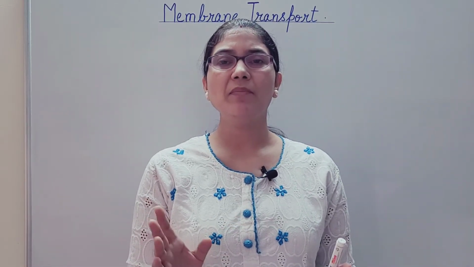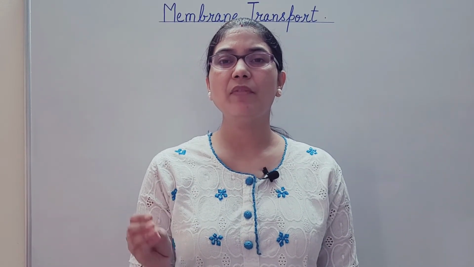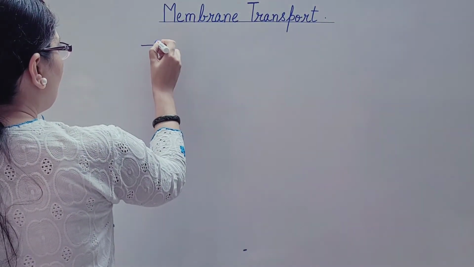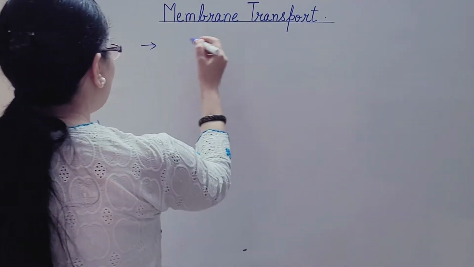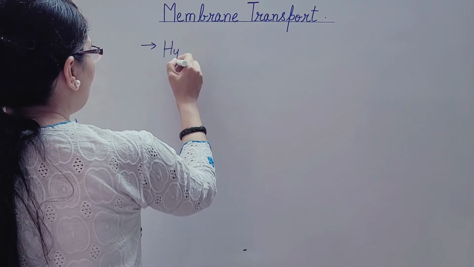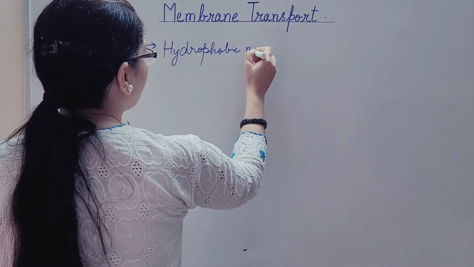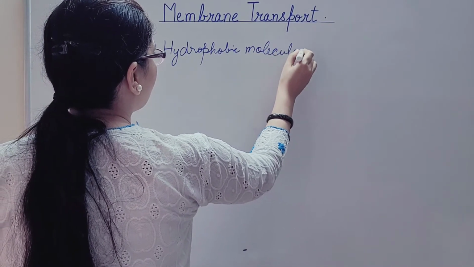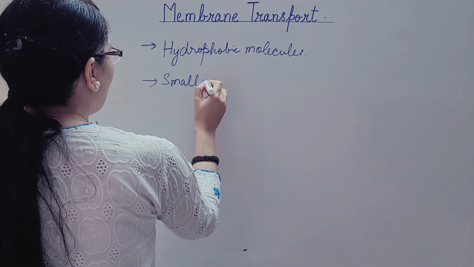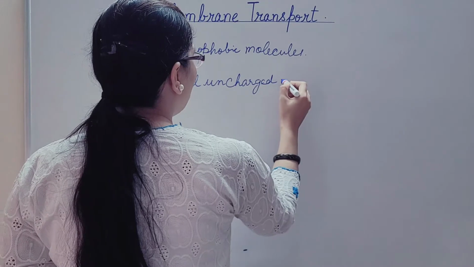We already know that the plasma membrane has two important components, lipid components and protein components. So first we will focus on the phospholipid bilayer. This phospholipid bilayer allows the passage of hydrophobic molecules, also the passage of small uncharged polar molecules.